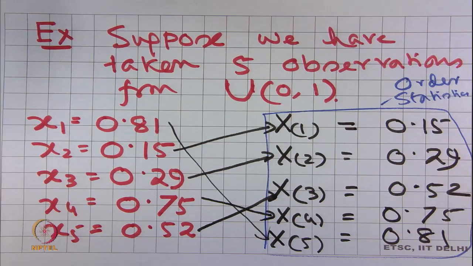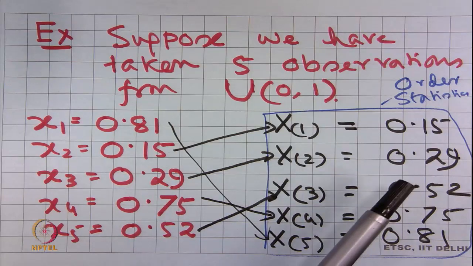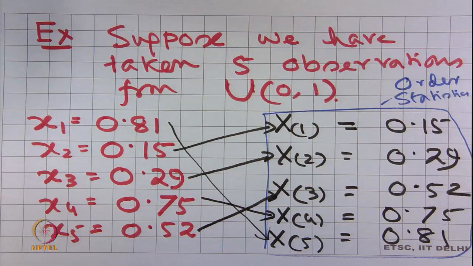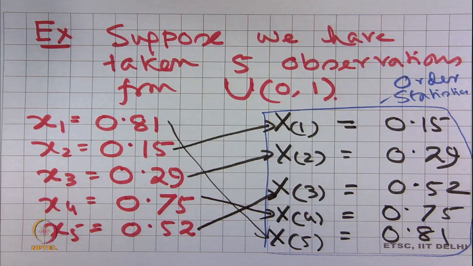In fact, this is not the only sample that generates this. Since there are 5 observations, we can have factorial 5 many different orderings of the observation, each of which will give rise to the same order statistic.